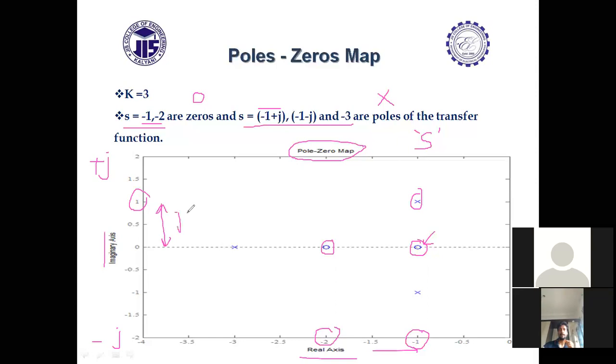This should be j1. So this length is minus 1, and this height is, as we mentioned, j1. So minus 1 plus j1 is the location of one pole.